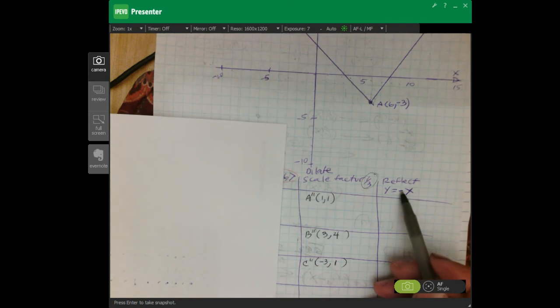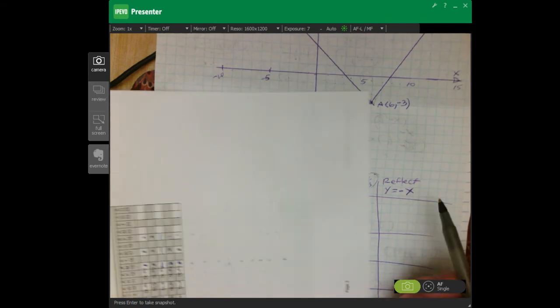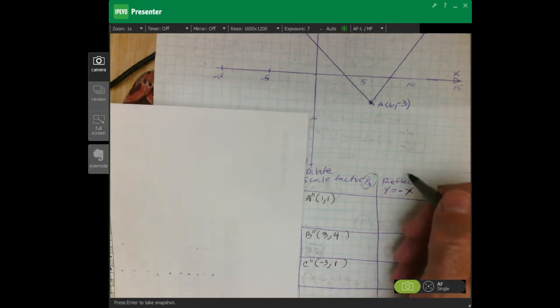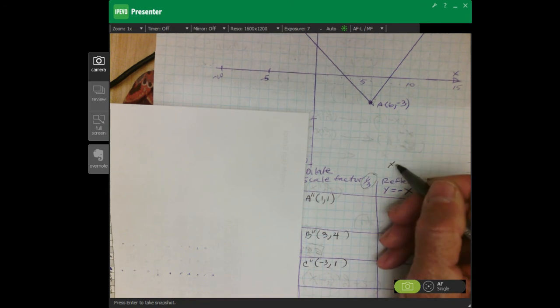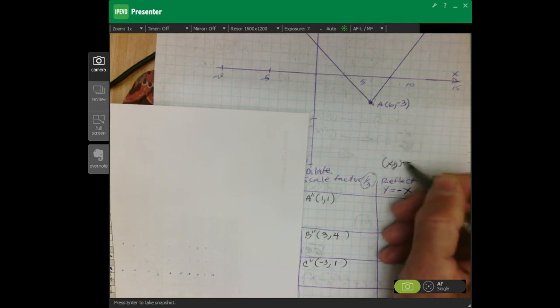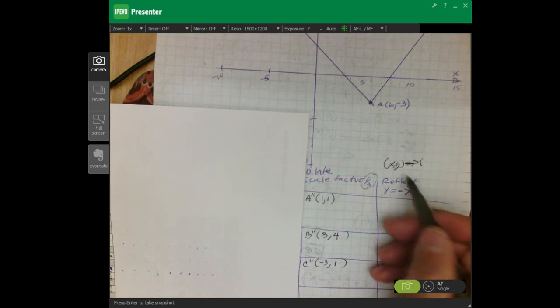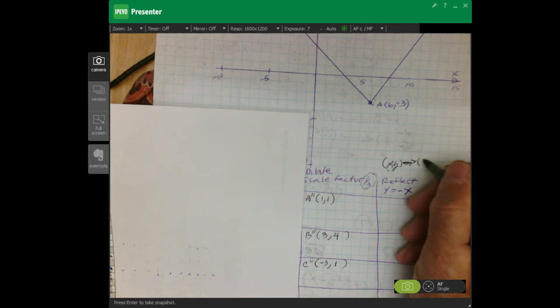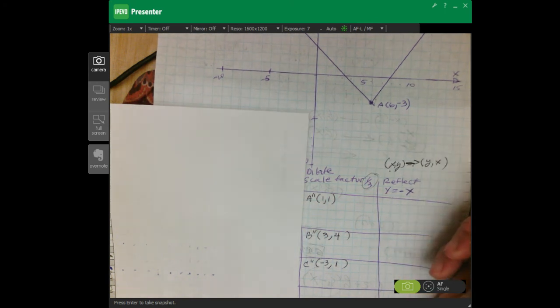So now we have the last one, which is reflect across y equals x. So cover that up. We only want to focus on these right here. Now the rule for reflecting a point across the line y equals x is this: x comma y, the coordinates change places.